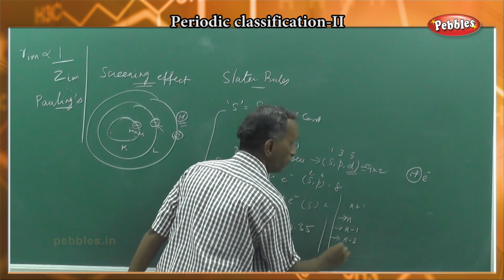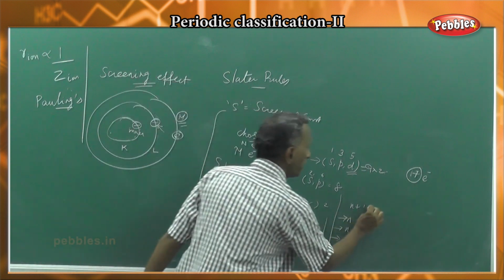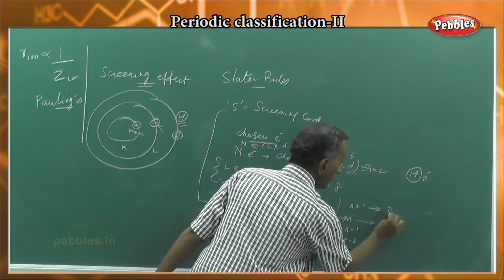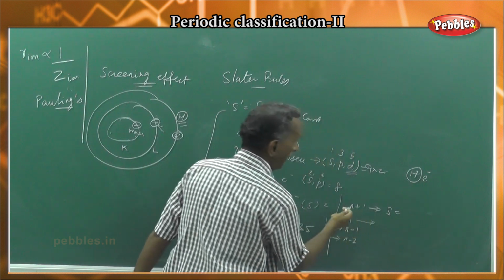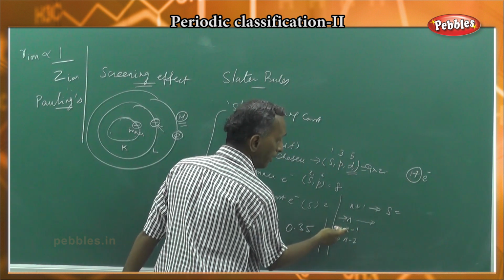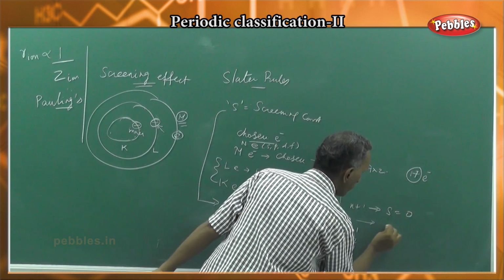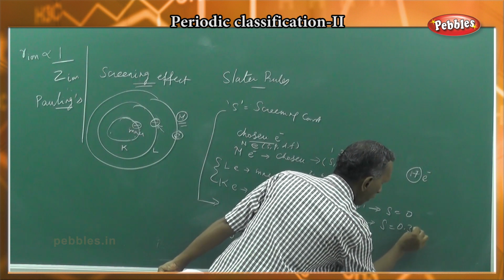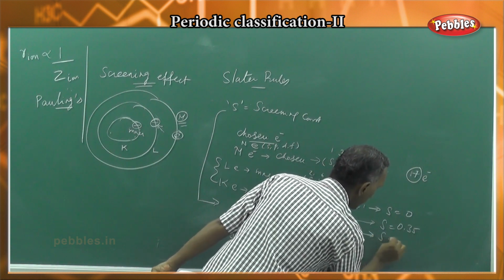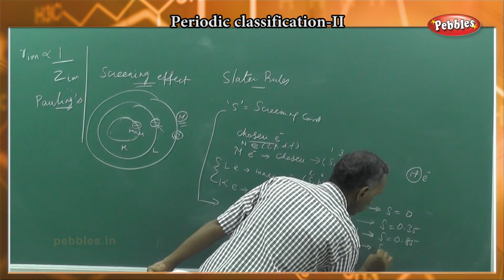Remember this in general. In the Slater rules, what are the S values for the different levels, that is outer shell, same shell, inner shell, innermost shell? They are 0, S equal to 0.35, S equal to 0.85, and S equal to 1.